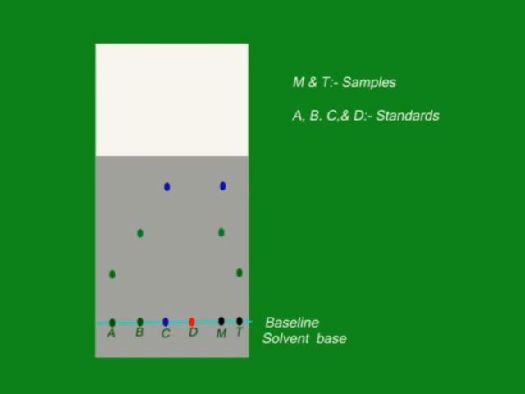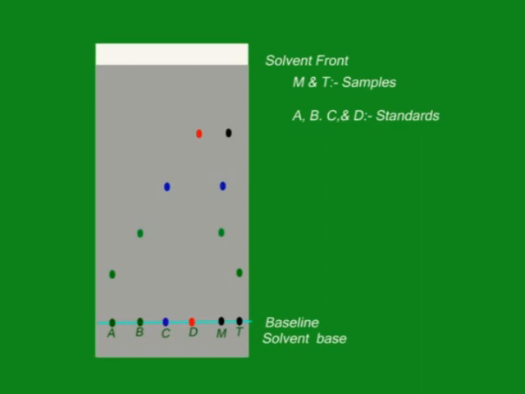The solvent is still rising, and finally we have the fourth pair of spots. It will continue to rise. Any more spots? No. So the solvent reaches the maximum height, and that is the solvent front.